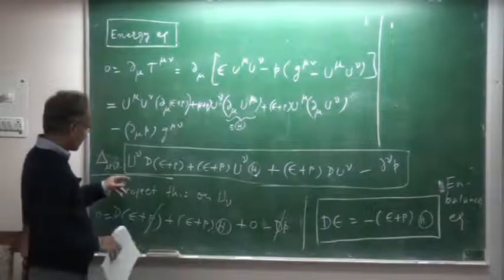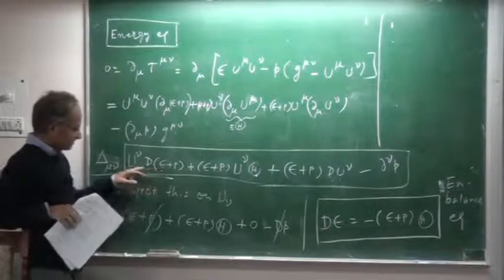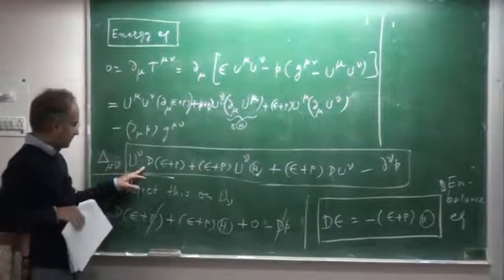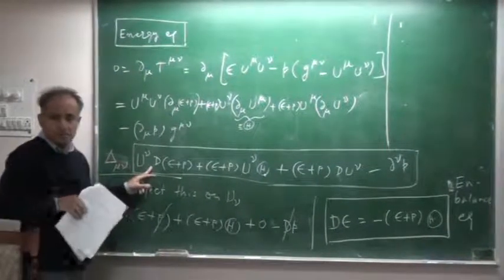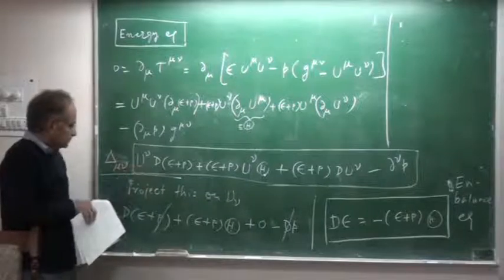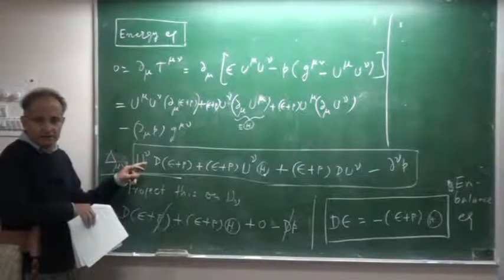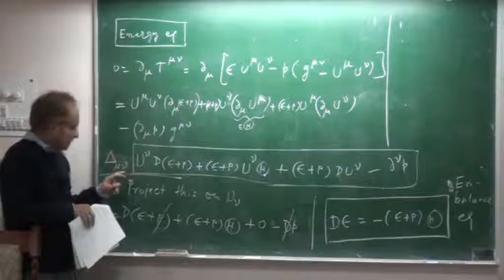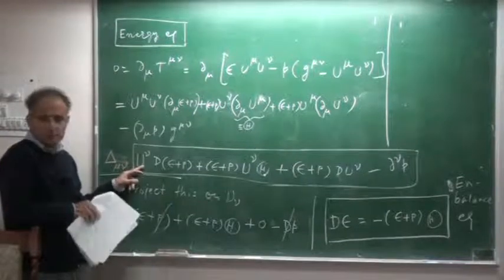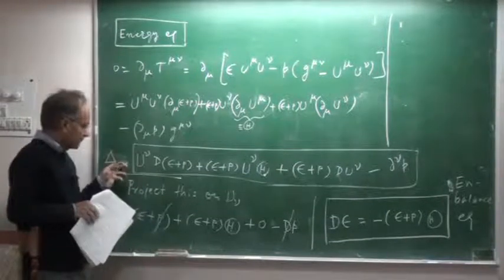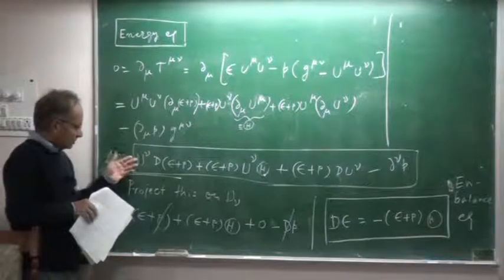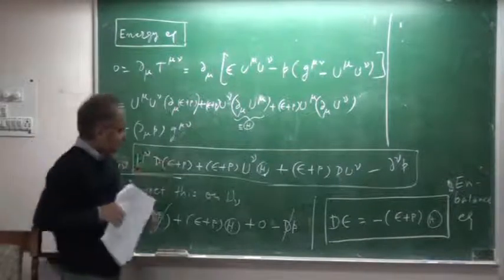So let's look at them one by one. What will the first term give? Why will it give 0? Delta mu nu acting on u nu is 0. It projects onto a space which is orthogonal, so this gives 0.